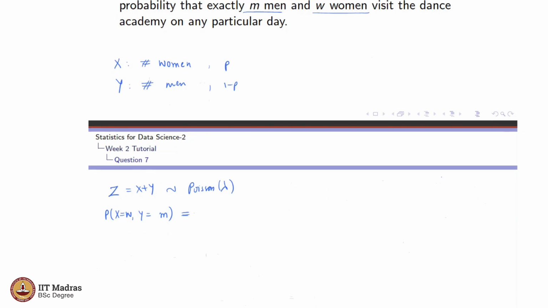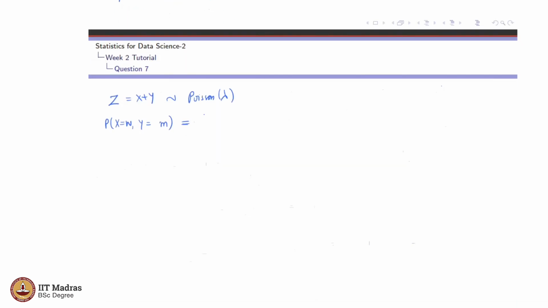Now if you condition this on z, as in the total number of people who visited the dance academy: if z is not equal to w plus m, meaning the total number of people who visited the dance academy is not equal to w plus m, then the probability that x equals w and y equals m given z equals some such z is going to be 0.